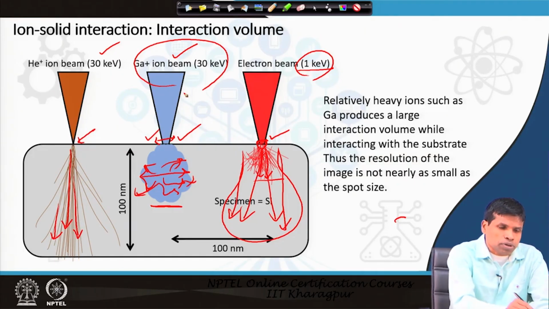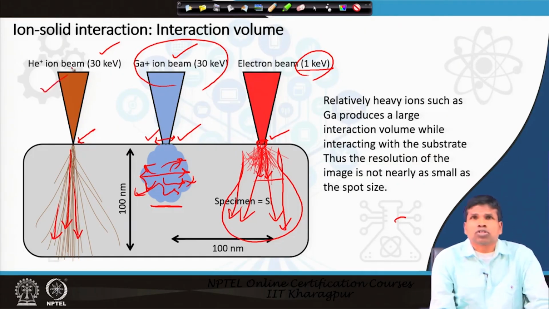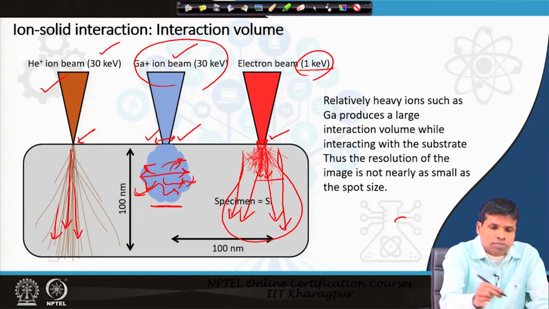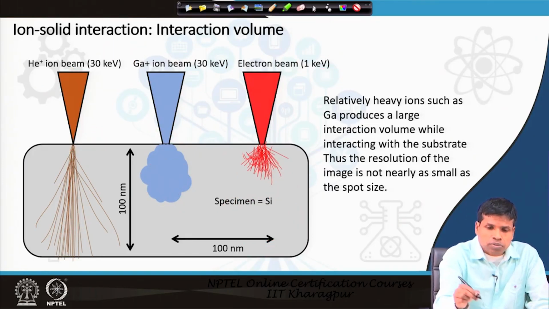But for microscopy purposes, helium is the most suitable ion because of its inertness and also its not very large mass. Therefore, it can give better resolution for the purpose of microscopy.